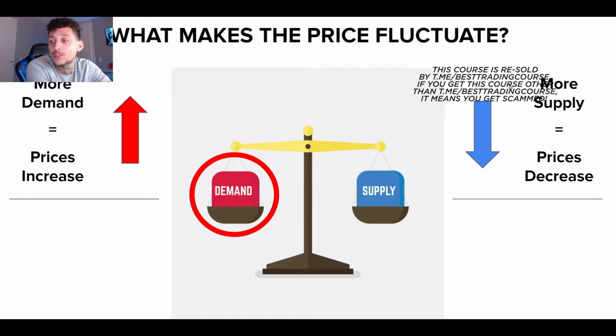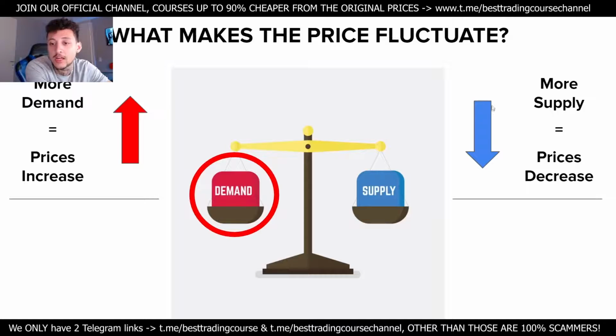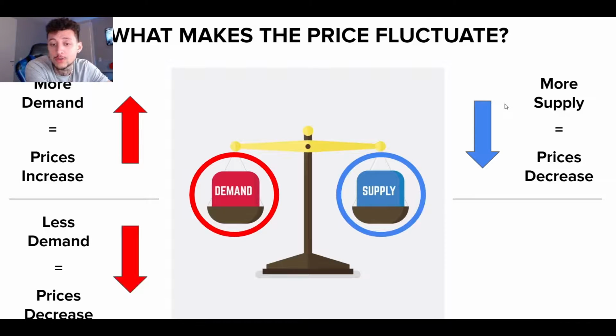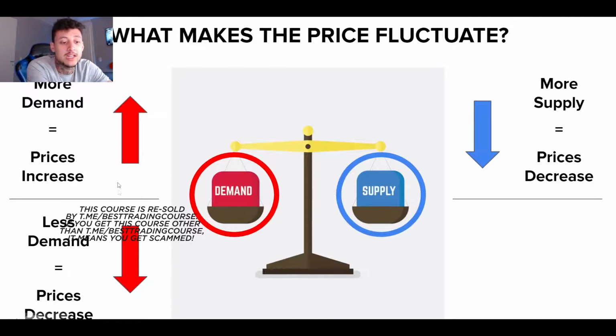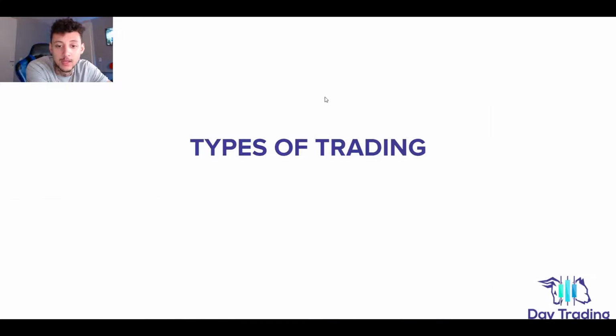Now, when you put those 80% of the shoes back on the market, the supply increases, and less demand equals a price decrease, while less supply equals an increase in price. And this is simple, basic supply and demand, and it's the only reason the market moves, right?